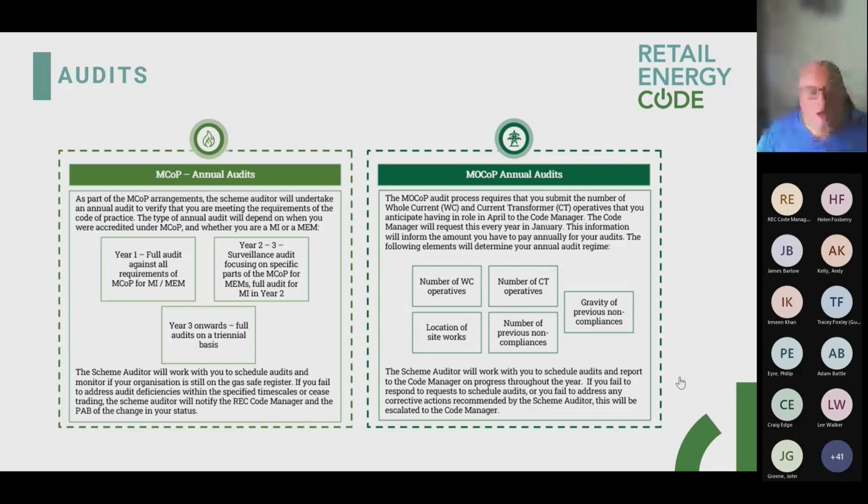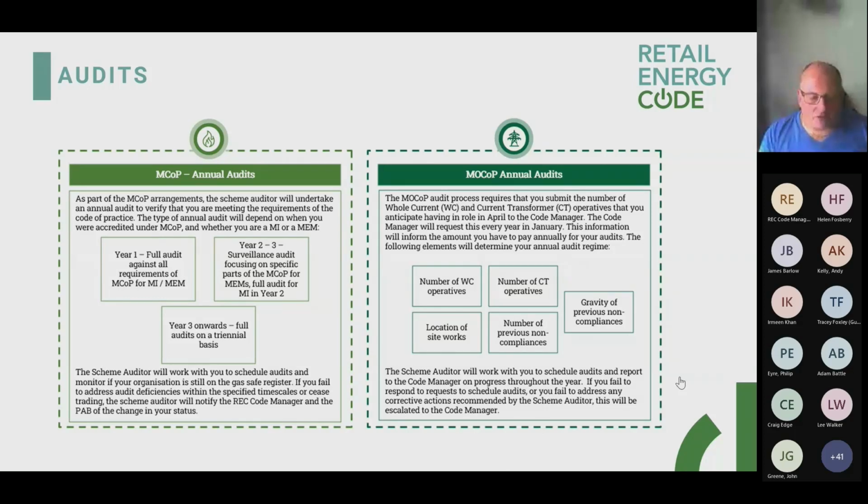So, as I mentioned earlier, for the gas audit, again, it's part of the requirements, and it will be dependent whether you're a meter installer or a MEM as to how in depth these actually go. But in reality, year one will be a full audit against all the requirements of the MCOP.